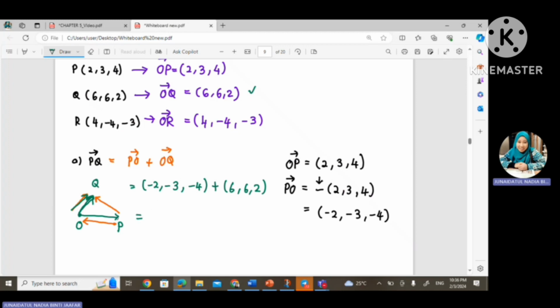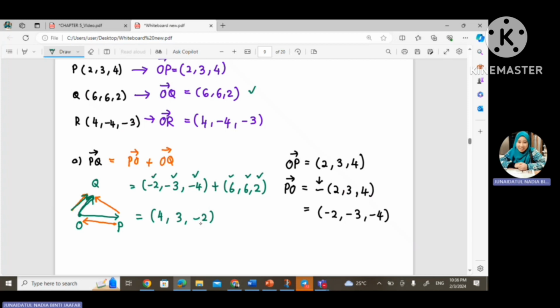Now we can simplify the vectors. -2 plus 6 is 4, -3 plus 6 is 3, and -4 plus 2 is -2.